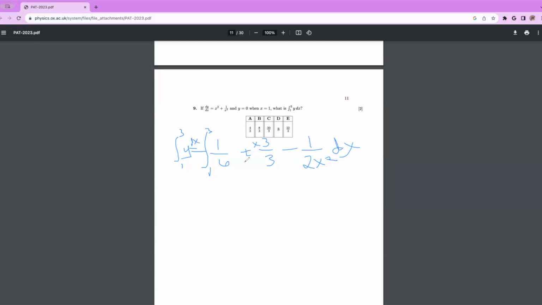It's not really that hard, I guess. So we'll have x over 6, plus, since that's supposed to be an x cubed, it's going to be plus x to the 4th over 12, and then x to the negative 2 over 2: add 1 is negative 1, and you divide by negative 1, which means it's going to be plus 1 over 2x.